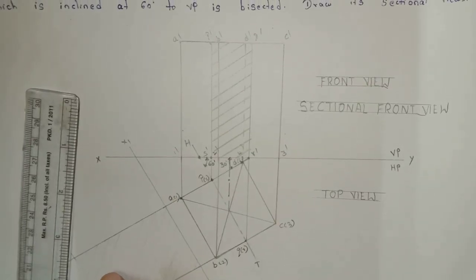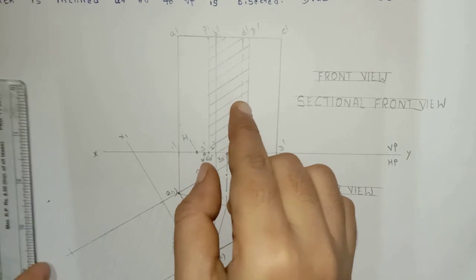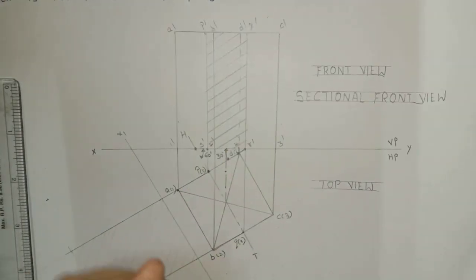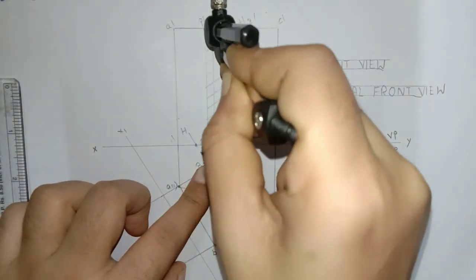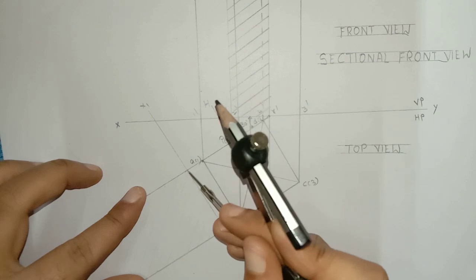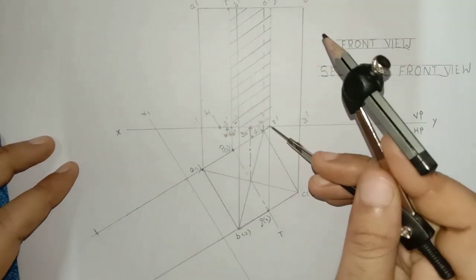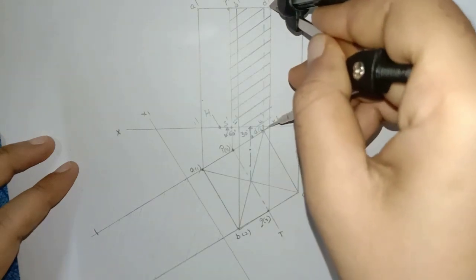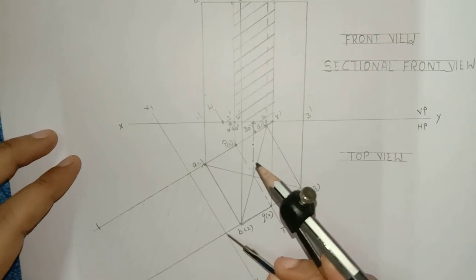Right? Now what we have to do, we are going to draw the true shape of this sectional front view here. Right? So this is P. From the reference line to P dash, take this distance. So this is the P point. This is the reference line. Mark the point P. From the reference line to Q, this is the Q point, right? So this is the new reference line.